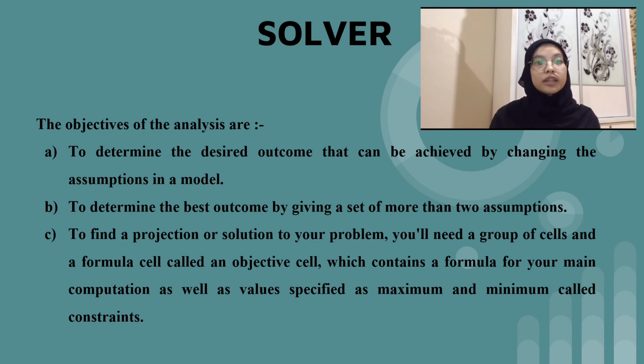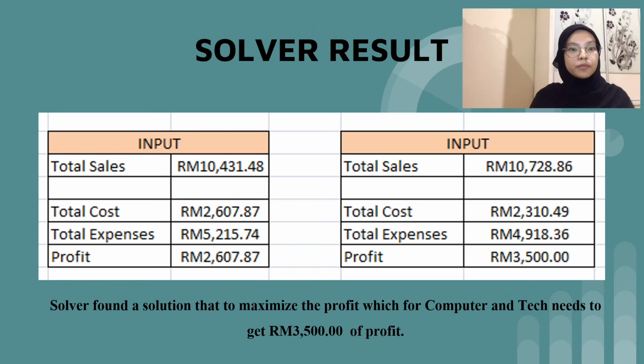Then, we need a group of cells and a formula cell called an objective cell, which contains the formula for the main computation, as well as values specified as maximum and minimum called constraints. This is an example of the category, which is computer and technology.